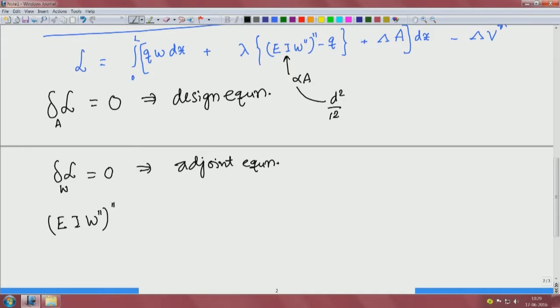Otherwise, when we take variation with respect to A, we wonder what I is again, that is now alpha A. So, I can replace this, calling it alpha A, w double prime minus q equal to 0, that is our equilibrium equation.